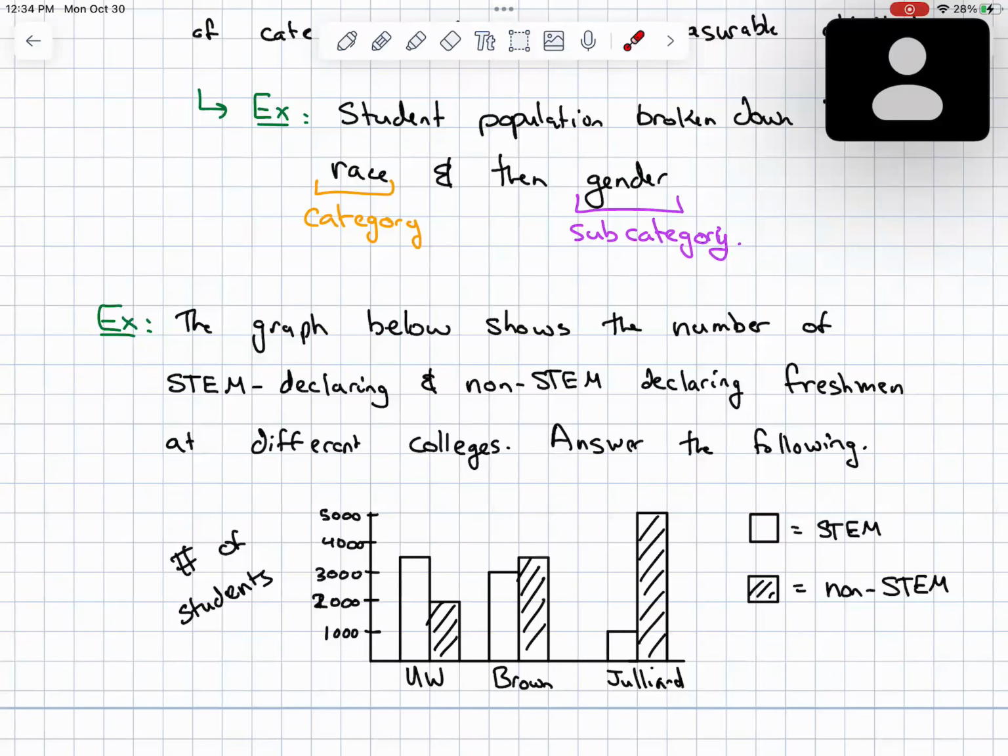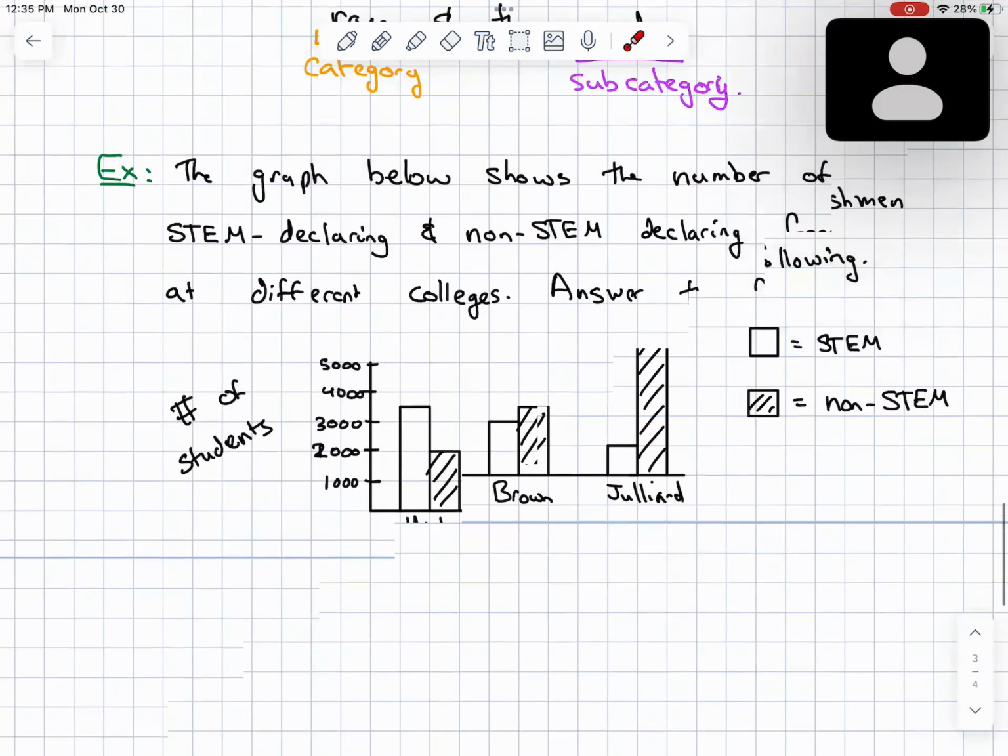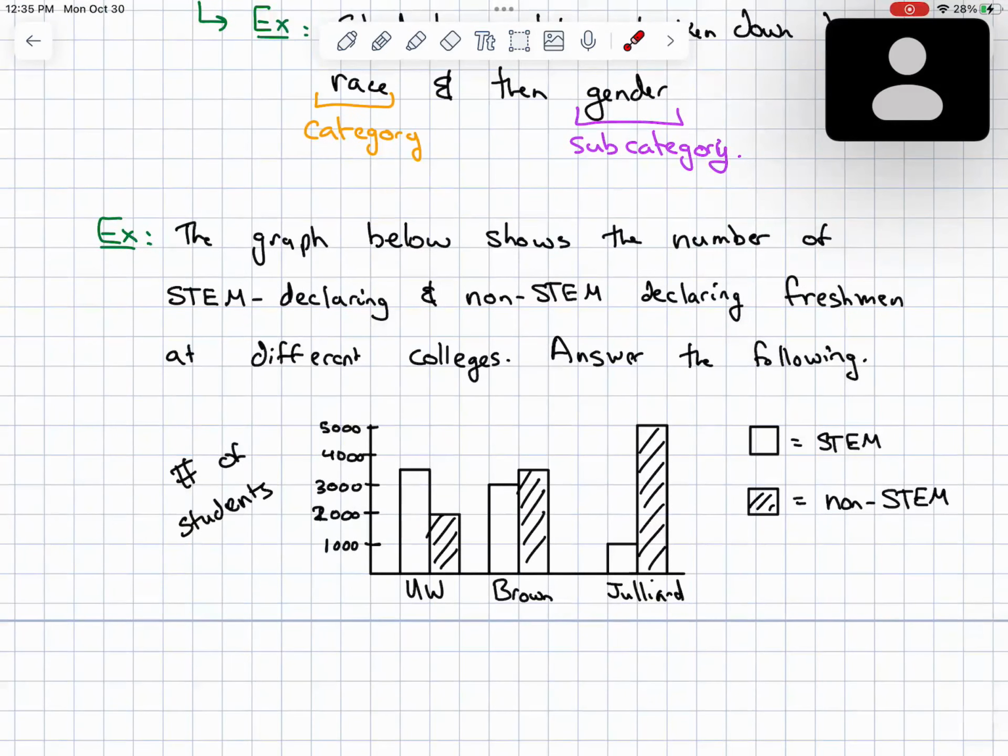Like the Pixel versus the Pixel 2 for Google, and then the iPhone 14 versus the iPhone 15 versus the iPhone 50, whatever they have. So that's a situation where you want a clustered bar graph, where you have categories with subcategories in them.